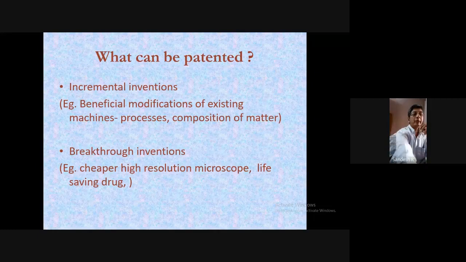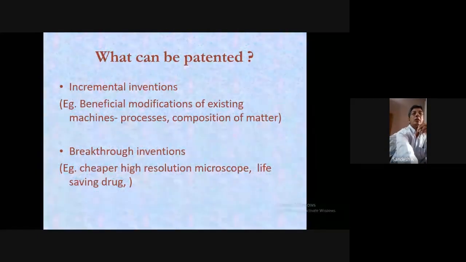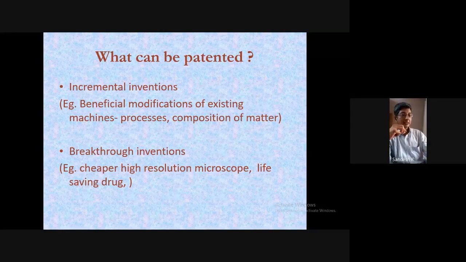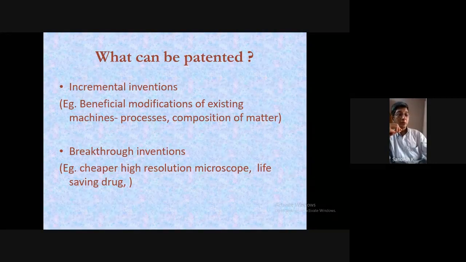What can be patented? Incremental invention, if they are beneficial. One machine is already existing and you have done a minor change. Because of that minor change, what is the value a user will get or a manufacturer will get?